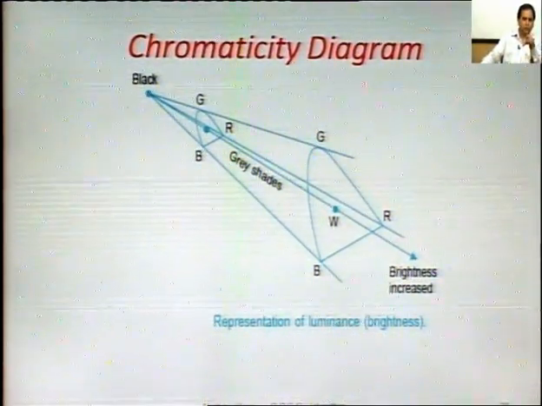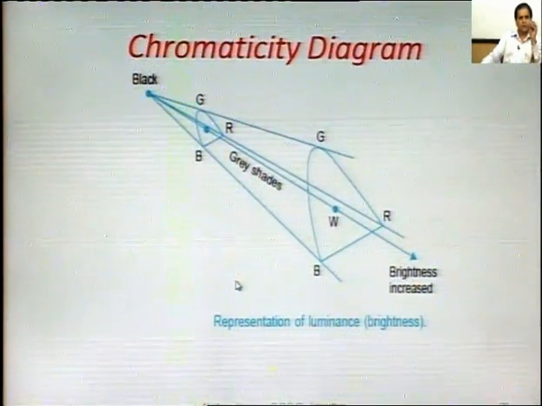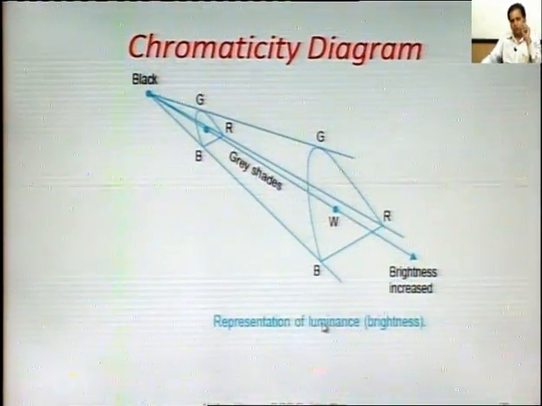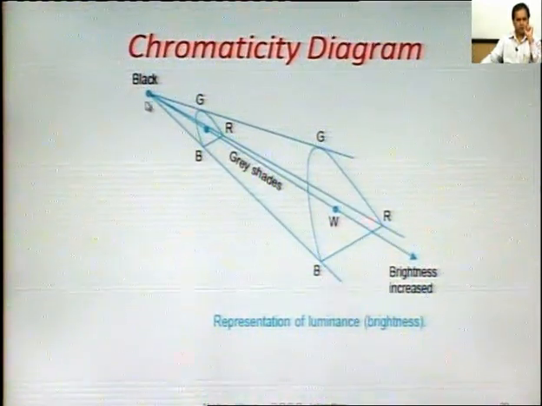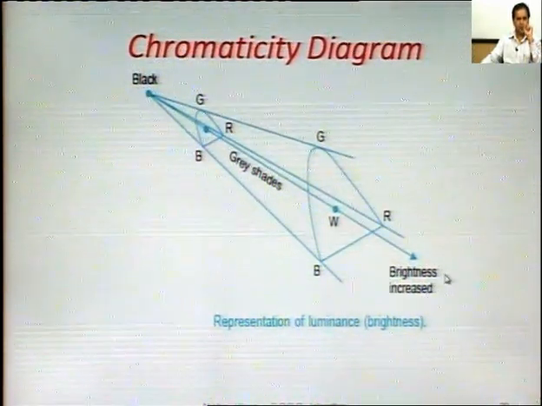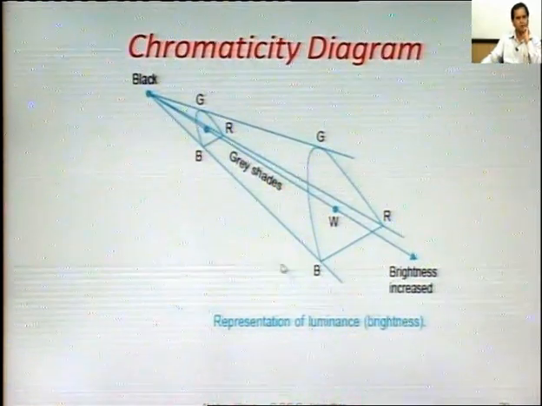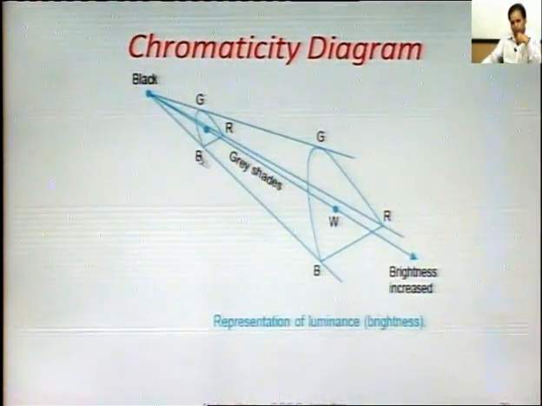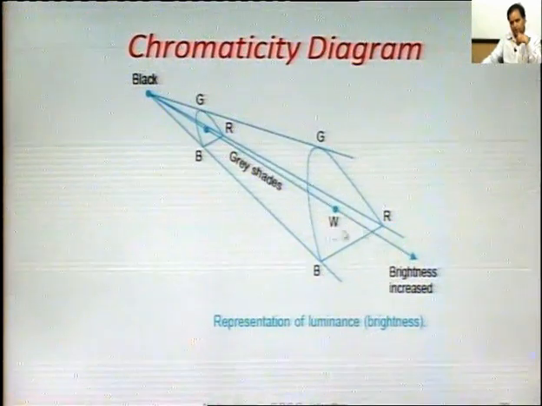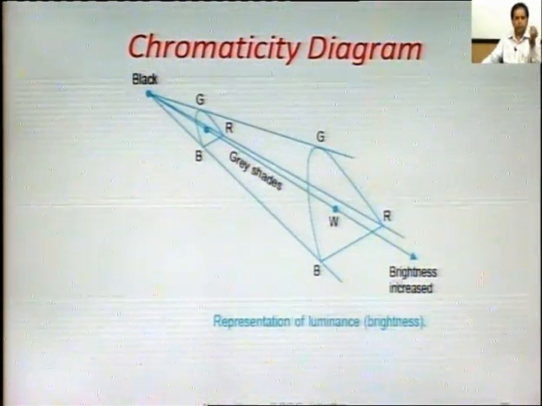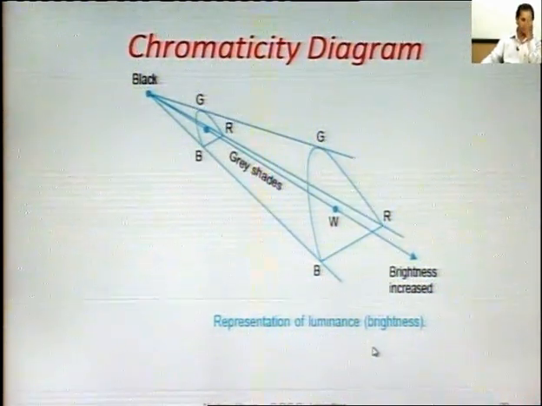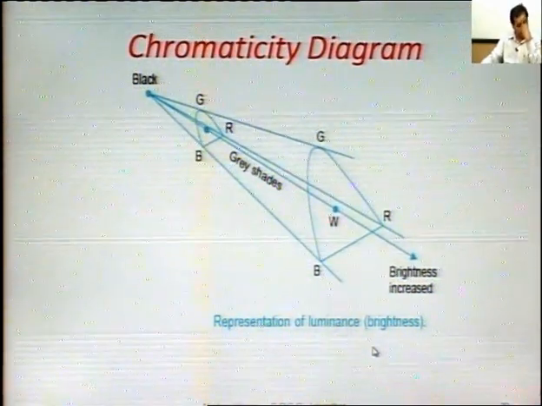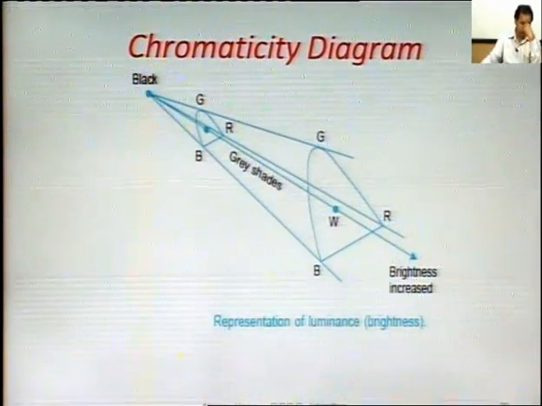From here it will be more clear how the luminance matters. If it is a particular color, what is the brightness level of that color? Here it is black, here it is gray and here the brightness is increased. If we increase the brightness, you can see that this shows the brightness being emitted out from that color, a representation of luminance or brightness, as brightness is the equivalent of luminance in color information.